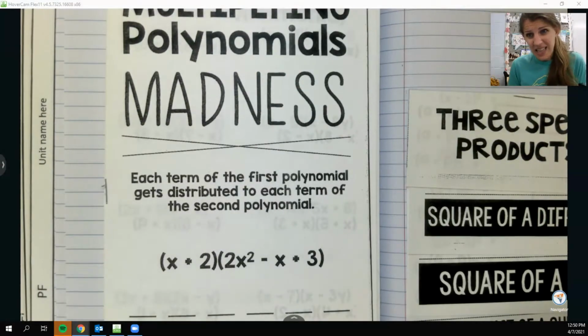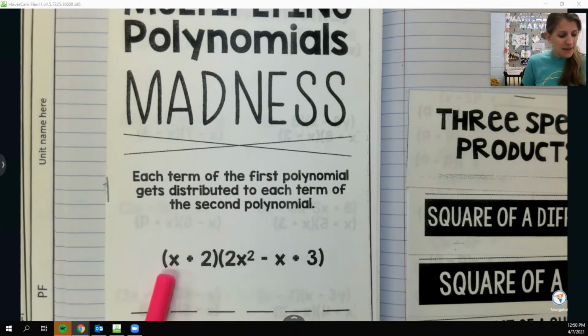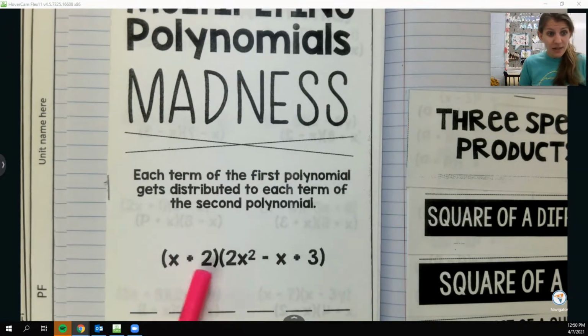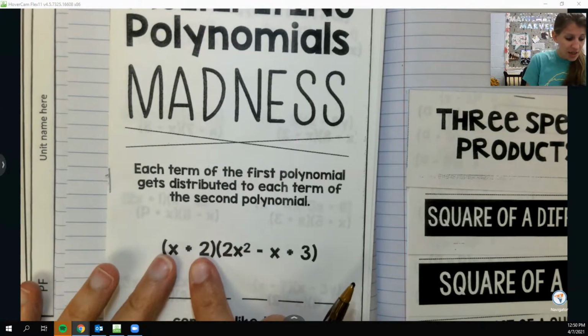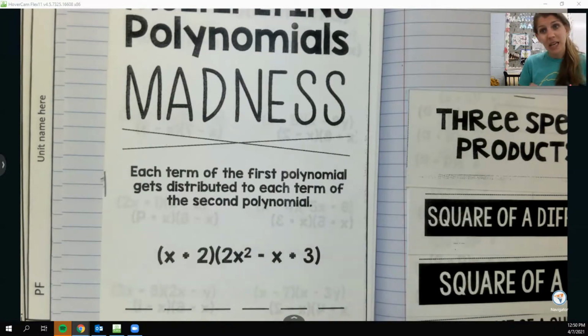Now, the way that I like to think about multiplying lots of numbers by lots of numbers is to still really think about distribution. But the thing is, if I need to multiply each of these two numbers here by these three numbers there, then it's almost like I'm distributing twice, okay?